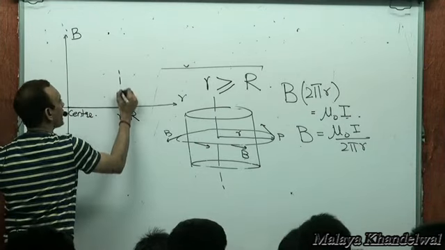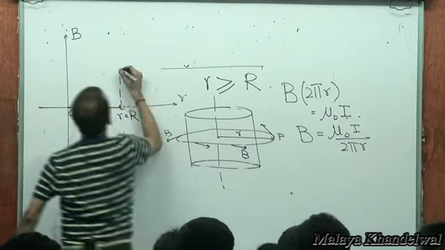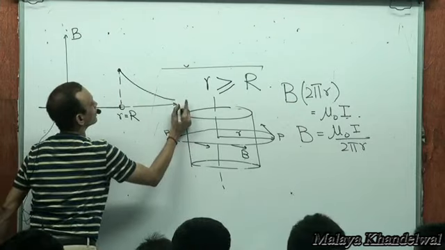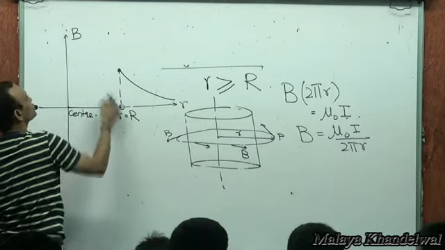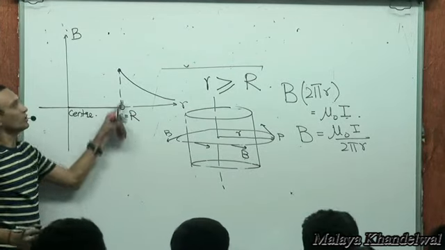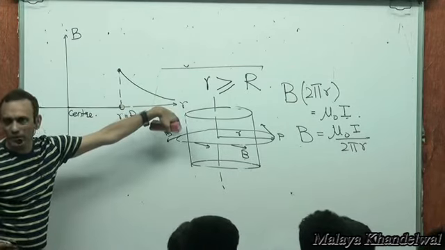And then from capital R onwards, B falls as 1 by r. This is the variation of B versus r for a hollow cylinder. Inside the cylinder it's 0. Then from the surface, outside it falls as 1 by r.